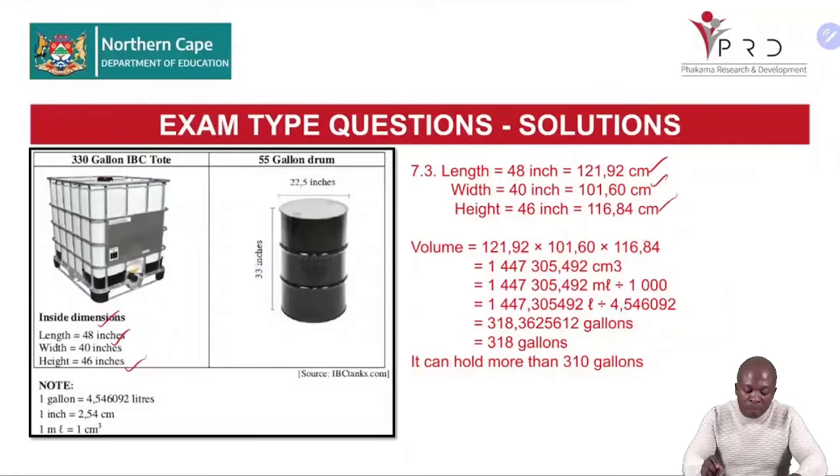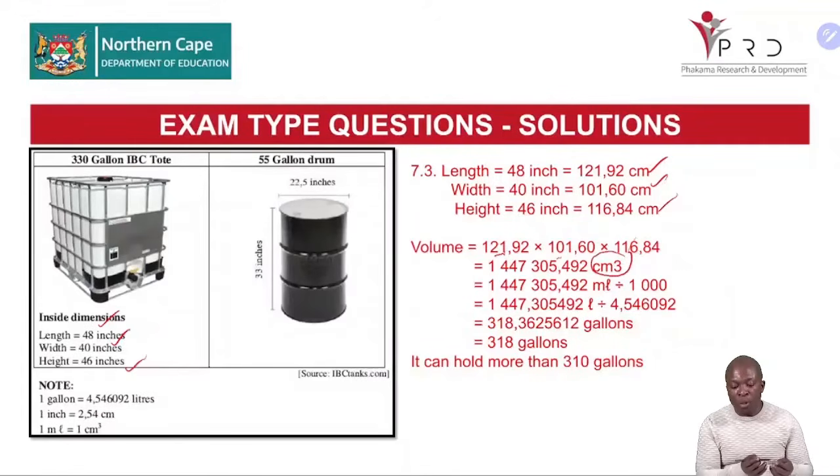Look at something here. We have 121.92 multiplied by 101.6 multiplied by 160.84. That gave us 1,447,305.492. But now our answer is in centimeters cubed.